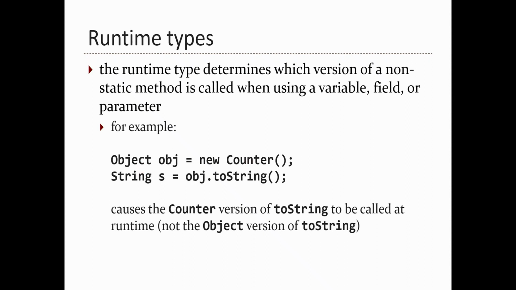I get the Counter version of toString. So the declared type determines which methods you can call, so I can call methods belonging to Object. The runtime type determines which version of the method actually runs. So obj.toString ends up calling the Counter version of toString, and not the Object version.